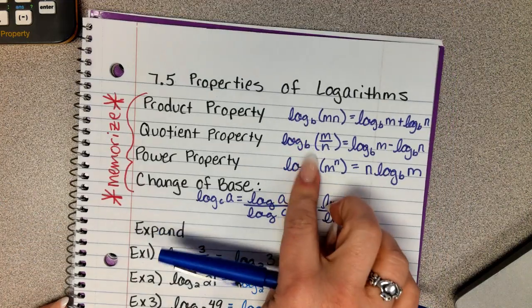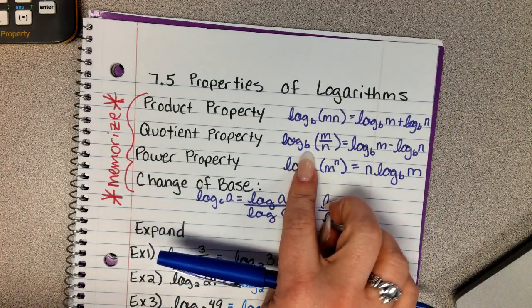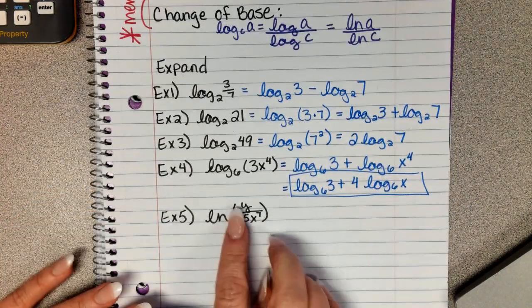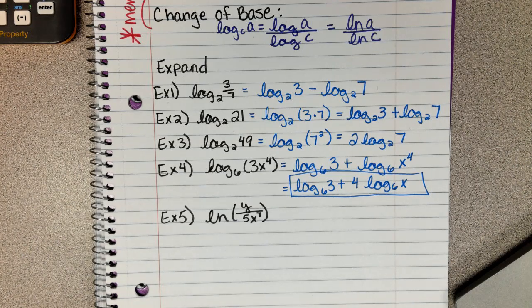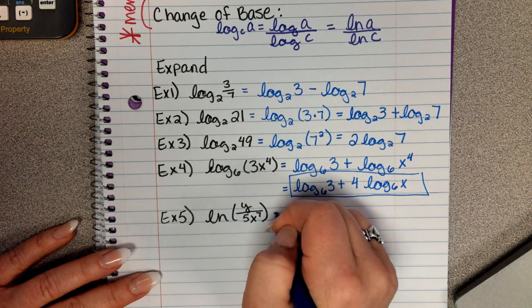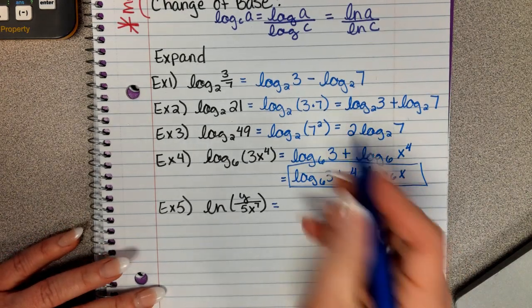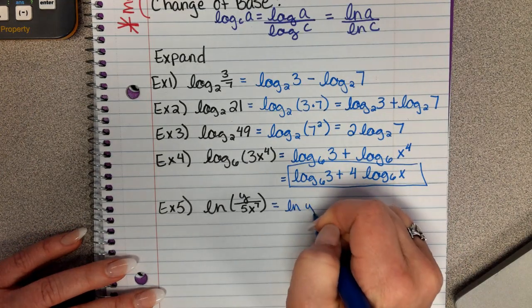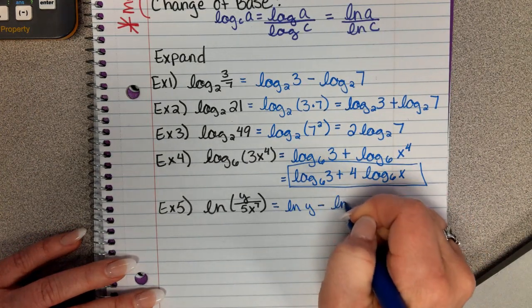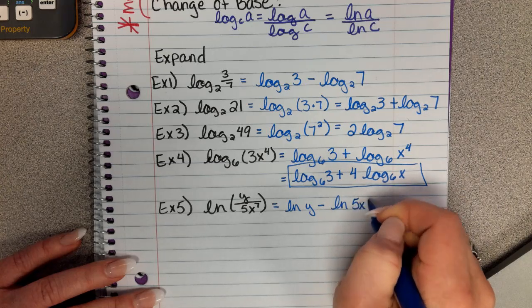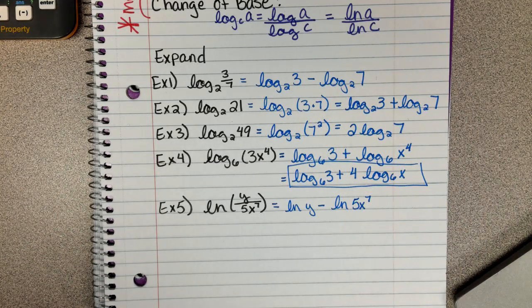Notice that these are log base b, so it doesn't matter what the base is. A natural log has a base of e. That doesn't matter to me, the rules are still the same. So this is division, that'll turn into subtraction, so that's the natural log of y minus the natural log of 5x to the 7. Now I'm not finished.